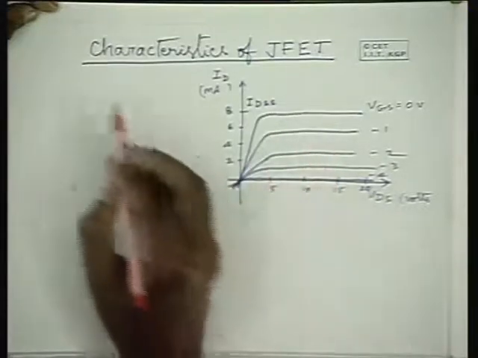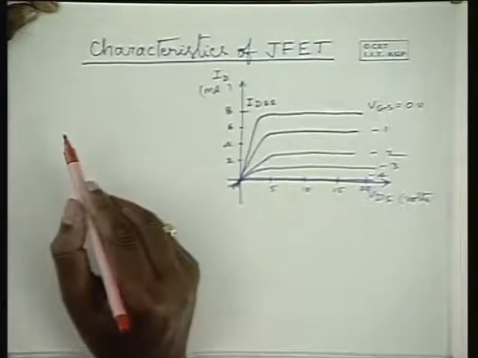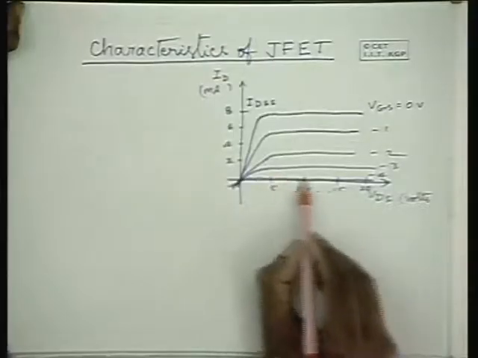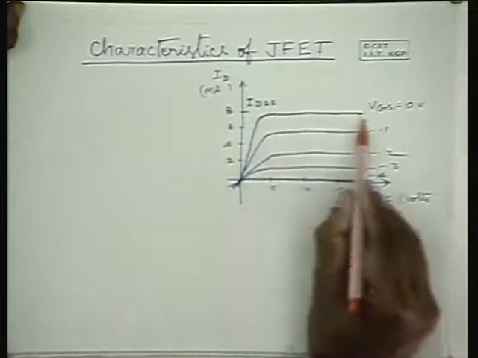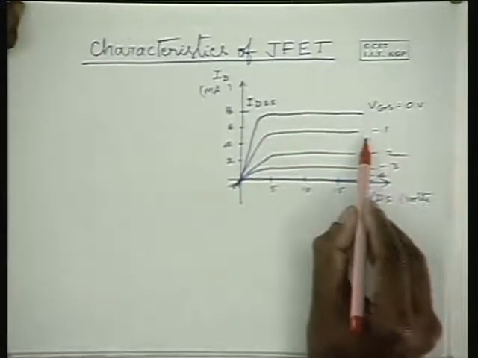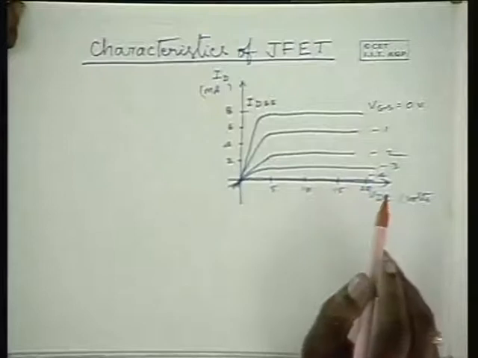What is a constant current source? A constant current source is one which gives you constant current with different loads, with varied load resistances. It means that with varied terminal voltage, it drives constant current. So in this particular characteristic, between 5 to 20 volts, it acts like a constant current source irrespective of the voltage.